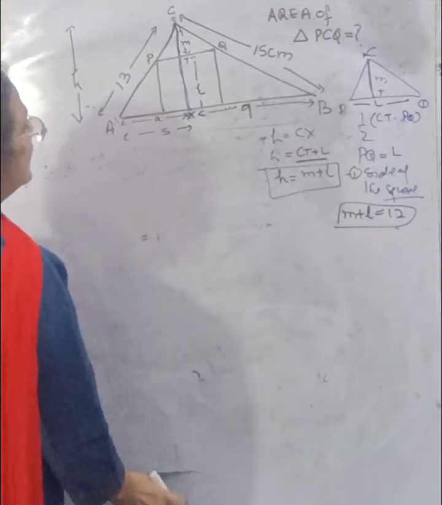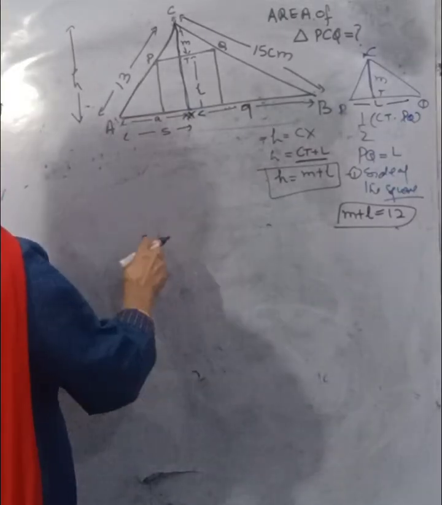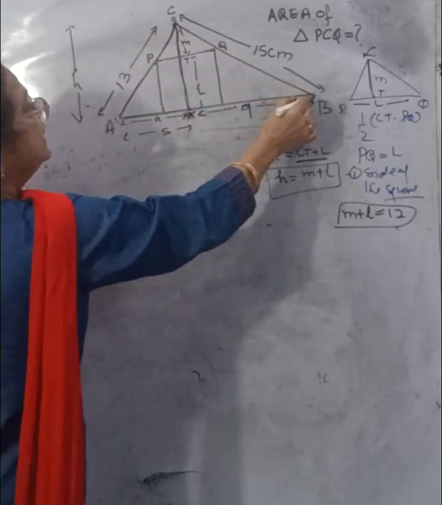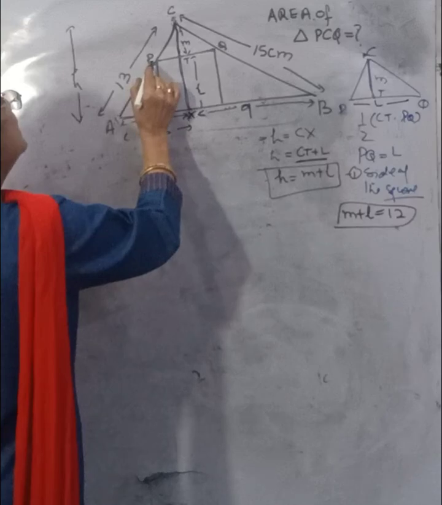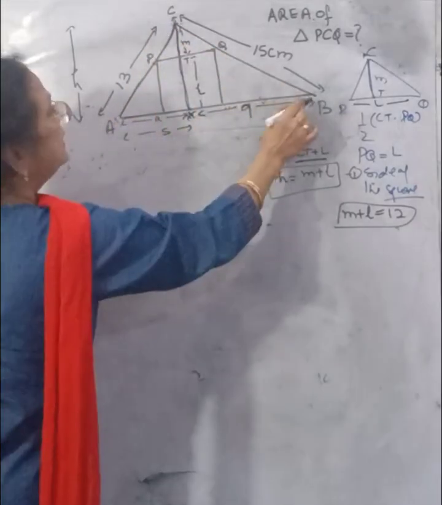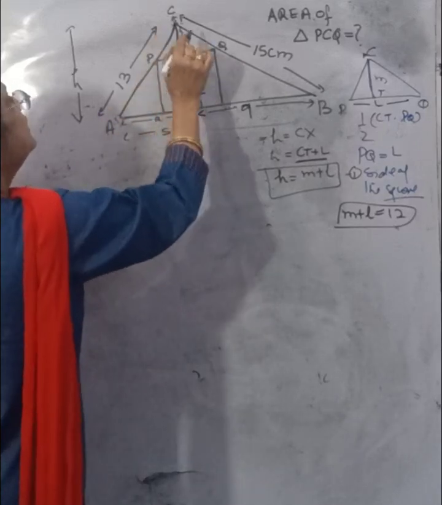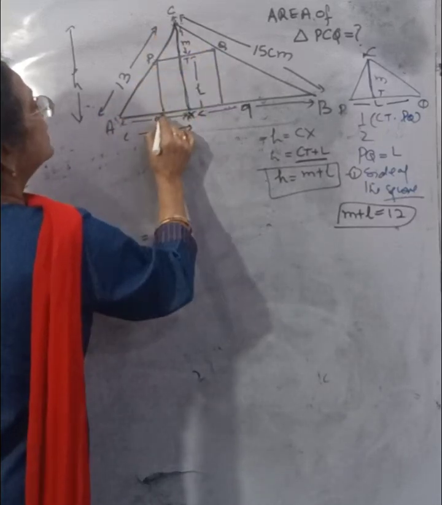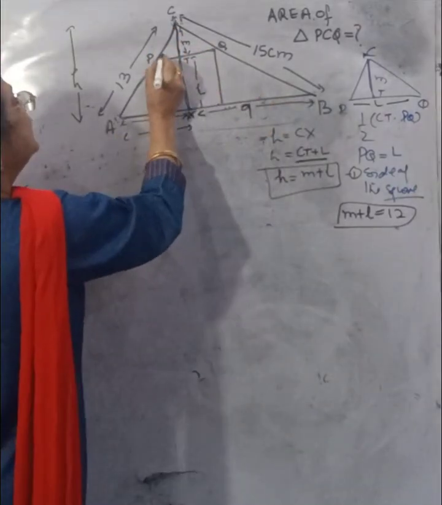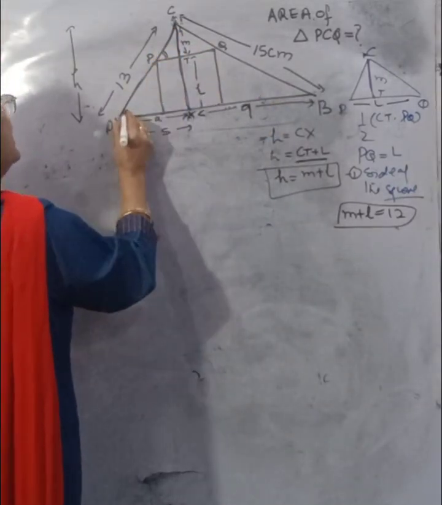In order to find another relation between M and L, we can consider these two triangles, ACB and the small triangle PCQ. They are parallel to each other, and these lines are intersecting each other. It means this angle will be equal to this angle.